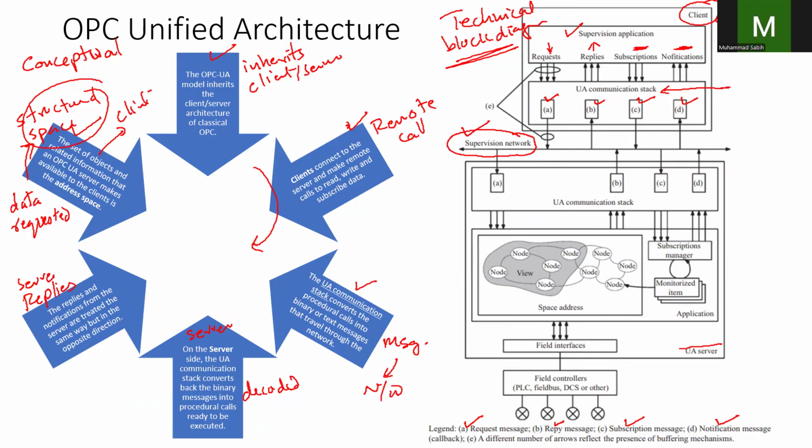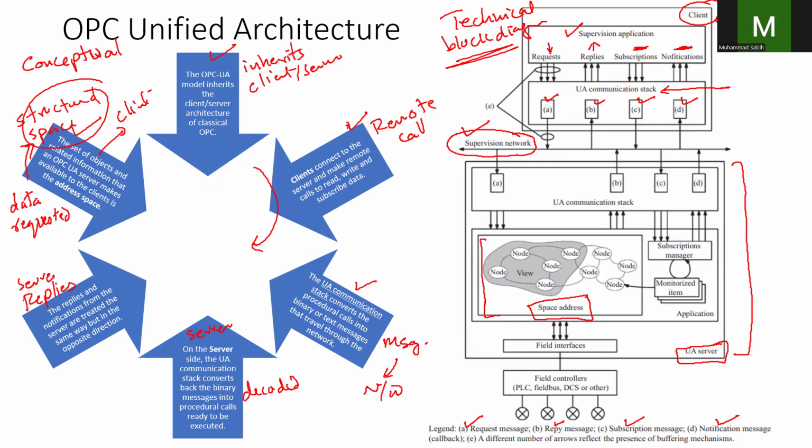This is the UA server here. And inside the server, we see an address space here. In this address space, it holds organized nodes and views.